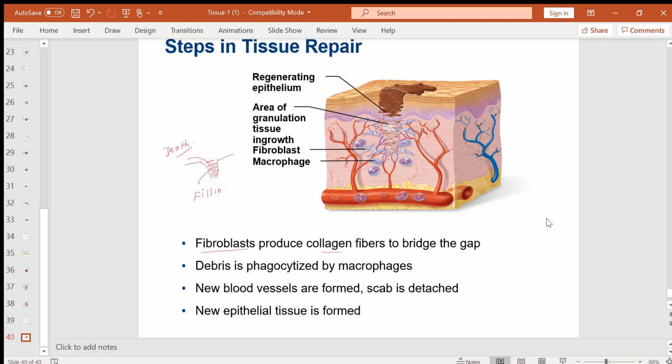Okay, and then macrophages. Macrophages are phagocytic cells. You have macrophages everywhere in the body, in the tissue. So we'll do phagocytosis. Why is phagocytosis needed?